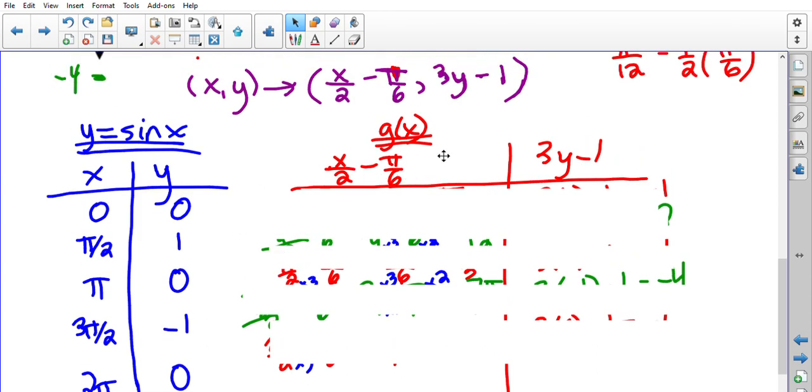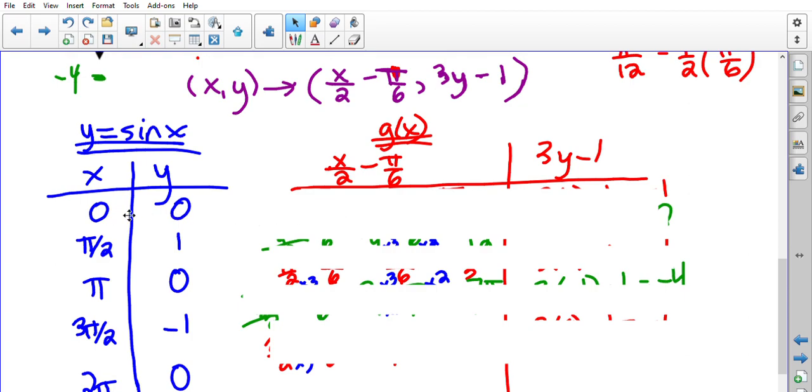Now we're going to set up our table of values for the transformed function using what we have up here. So our transformed x coordinate, x over 2 minus pi over 6 in one column, and 3y minus 1 in the other. So this one's going to involve a lot of work because we might have to find common denominators, because we're doing this without using a calculator.